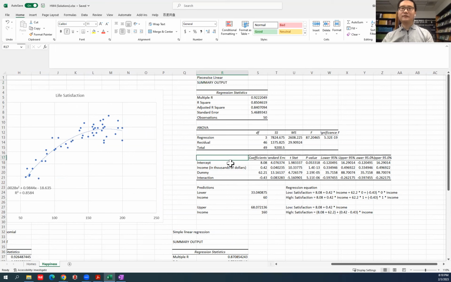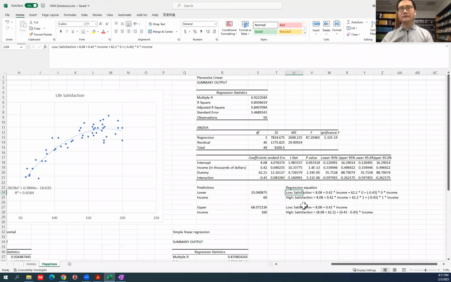This is particularly useful for a model with the interaction and the dummy variable, because this dummy and interaction have specific meaning and it differs between 2 groups. Let's see what I meant. Let's first build a regression equation for the low income group.